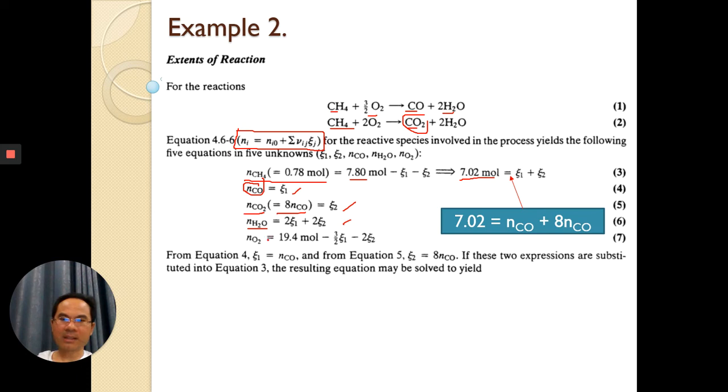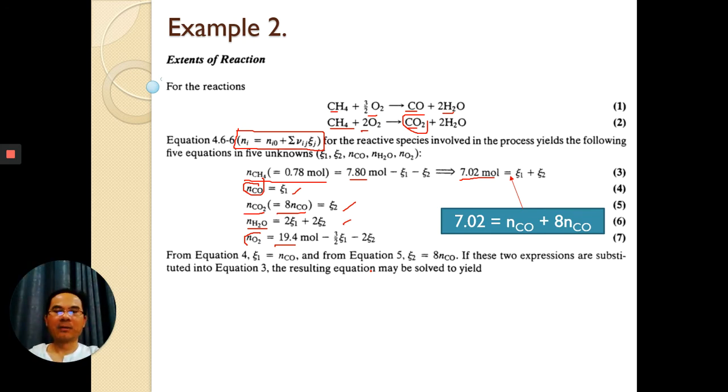Oxygen output equals oxygen input, which is 19.4, plus nu ij Cj. For the first reaction, the stoichiometric coefficient of oxygen is minus 3/2, or minus 1.5, multiplied by C1. For the second reaction, it's minus 2 multiplied by C2.